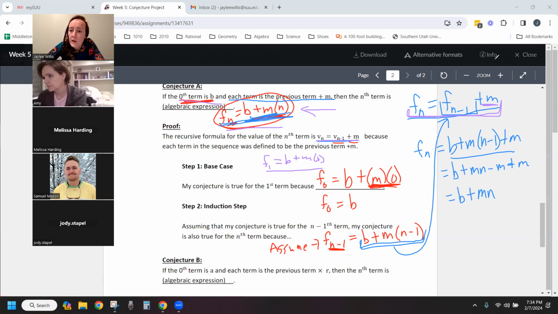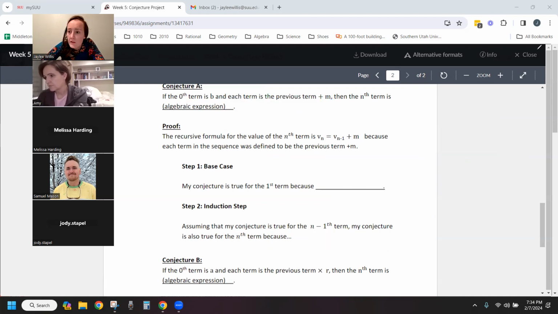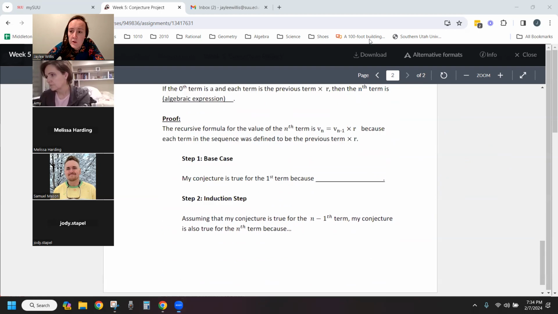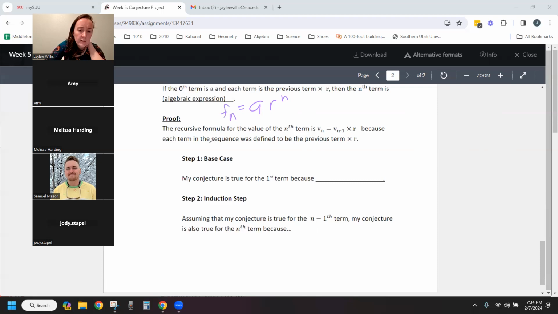Okay, sweet. Then let's go ahead and move on to the next one. I'll clear that. For this conjecture, the conjecture we came up with earlier was, I think, a times r to the n. So this is the one we're trying to prove.